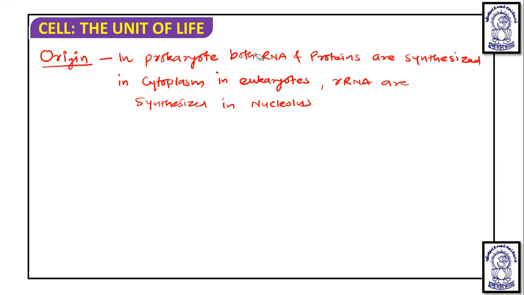So in prokaryotes, RNA and proteins are synthesized in the cytoplasm, whereas in eukaryotes rRNA is synthesized in the nucleolus of the nucleus. So remember, this is the occurrence or origin, where they are found.